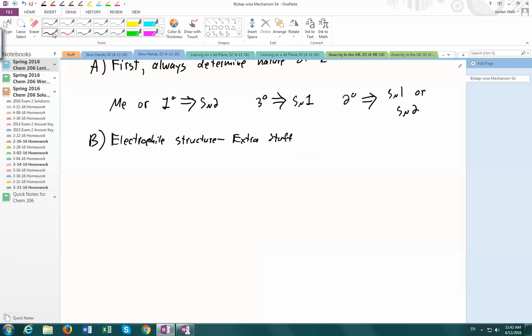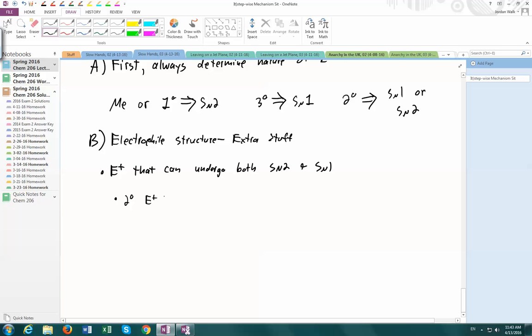And so let's make a list of all possibilities where we're going to have to make a decision. We're going to have to make a call where it's not clear if it's SN1 or SN2. So we'll make a list of electrophiles that can undergo both SN2 and SN1. And so the most obvious case is going to be secondary electrophiles.